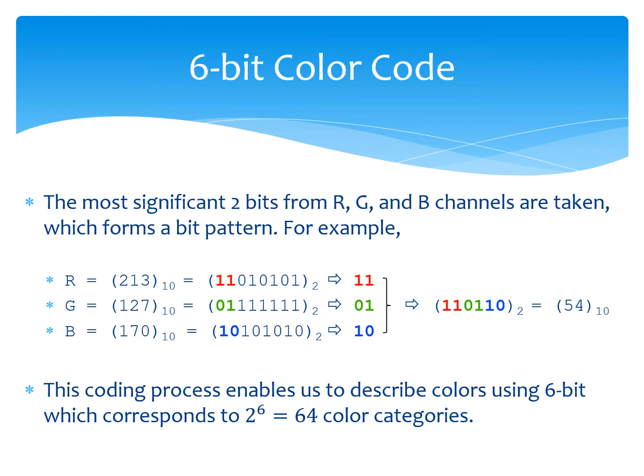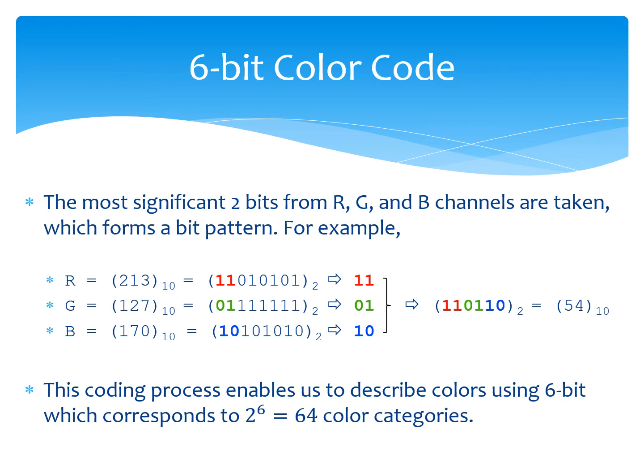From the blue channel, we take 10 from the left 2 bits. So we can combine them as a single 6-bit string. From left to right is red, green, and blue respectively. So as you can see, the red 11 will be on the left, the green 01 in the middle, and the blue 10 on the right.